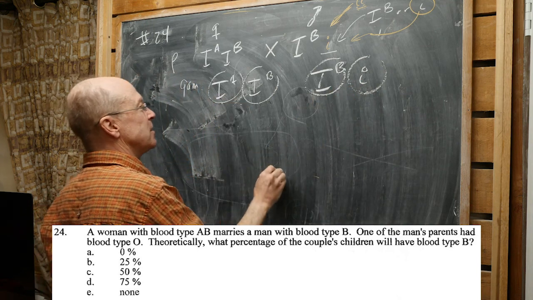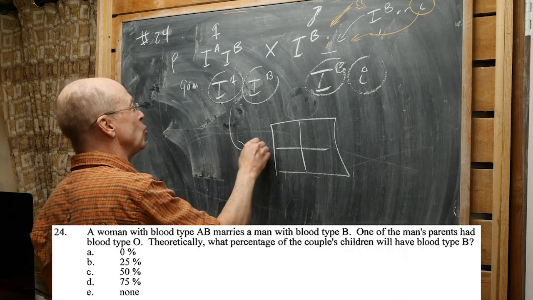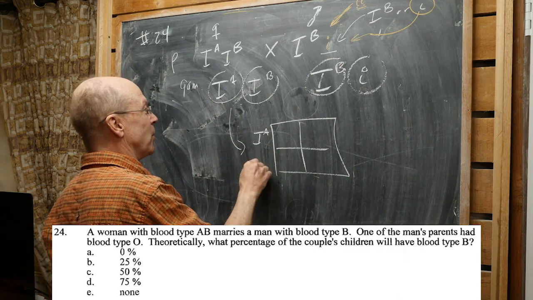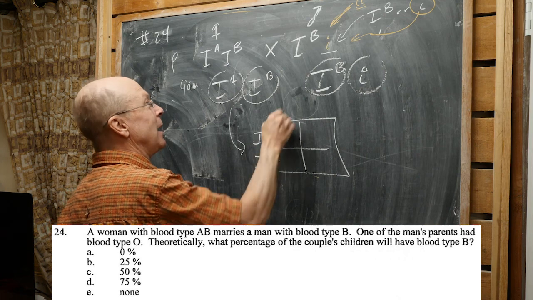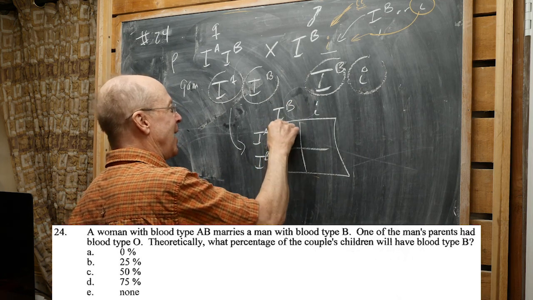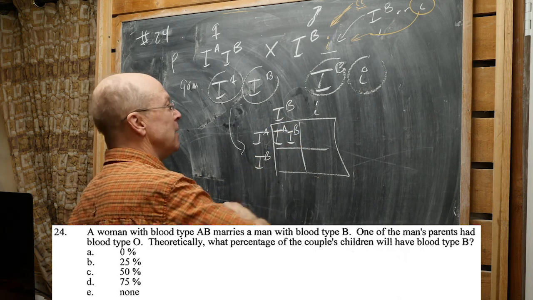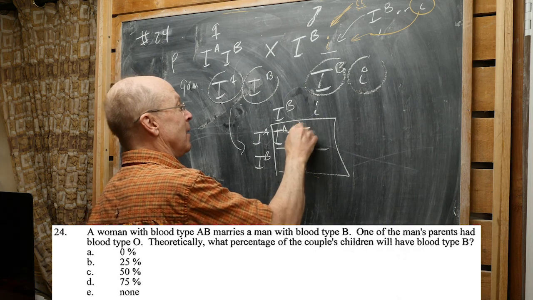And then this is us brewing up a beautiful 2x2. So there's I super A, there's I super B, and I super B and little i. Let's bring them together and come up with predicted genotypes in the Punnett square.